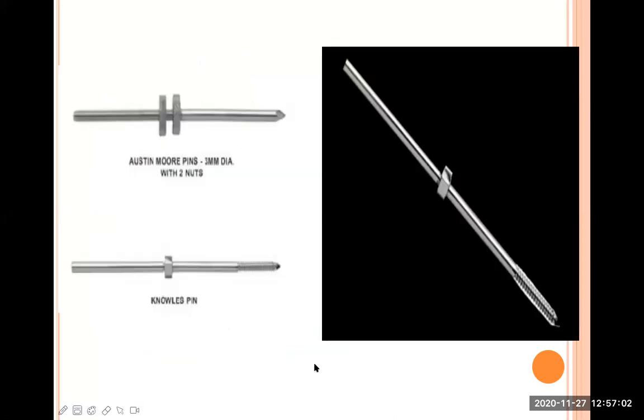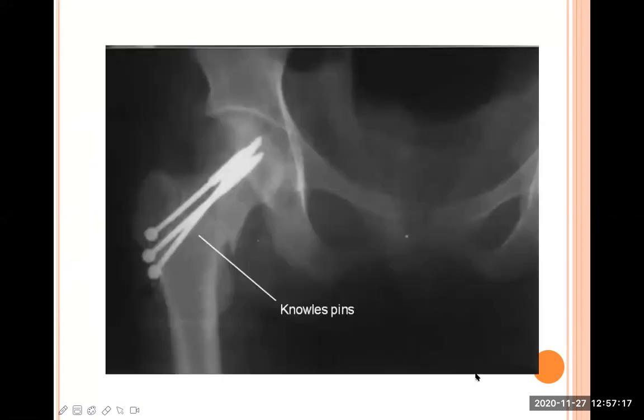See this? These are the different internal fixation devices. Austin Moore pins. This is called Knowles pins, and this is in a magnified view. See this? These are the pins which are inserted. So this is closed reduction and internal fixation.